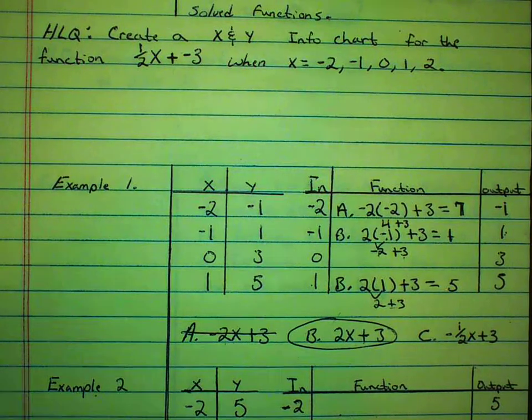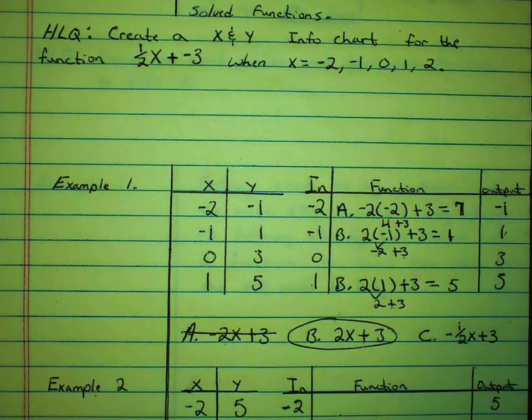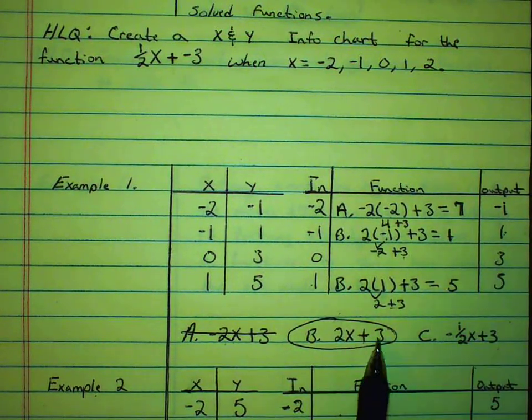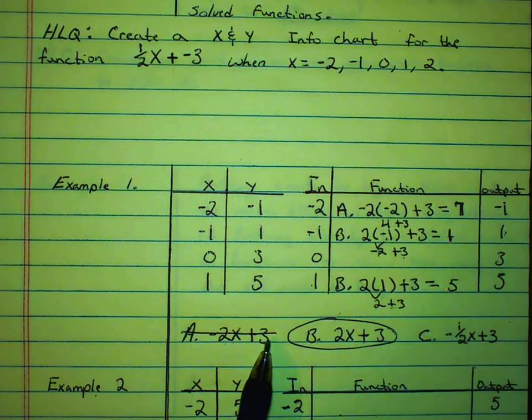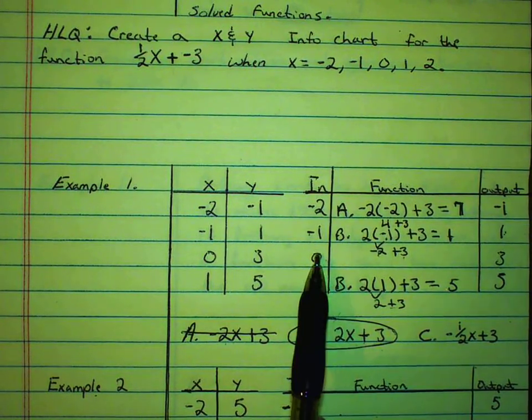If you want to, you can go back and you can plug C in on any of these. Now, the reason I skipped 0, 3, if I plug any of these in, because they all end in plus 3, they're all going to work. Okay? Sometimes you have to identify what's going on at the end to figure out which one it can or can't be. In this case, it could be any of these if I put 0 in.